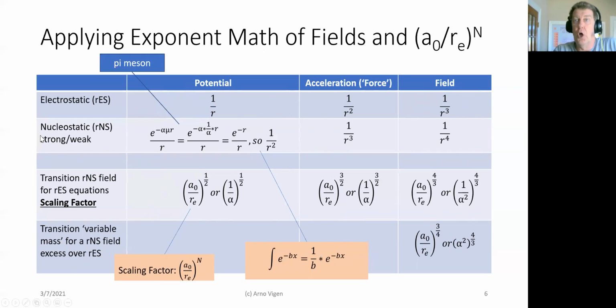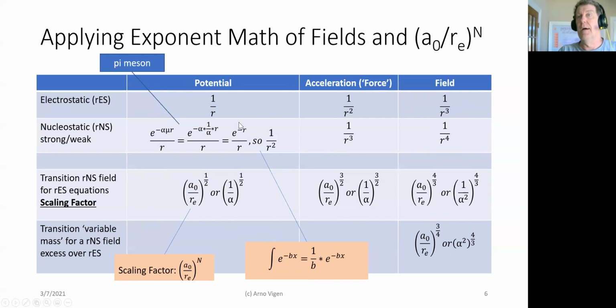Now, the nucleostatic also has this schedule. In fact, there's something in this format, e to the minus alpha mu r over r. And this comes from Euler hundreds of years ago, and basically is the description of a statistical mechanics equation. But he actually used a different mu, and the current mu is a pi meson, and its value is somewhat close to 1 over r.